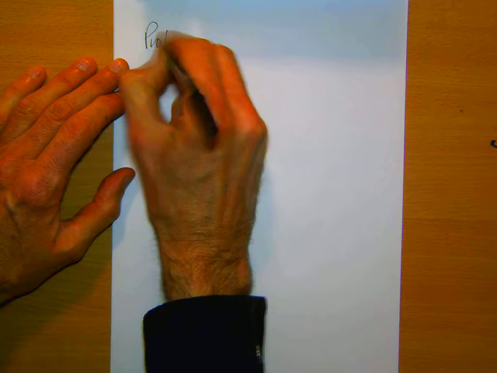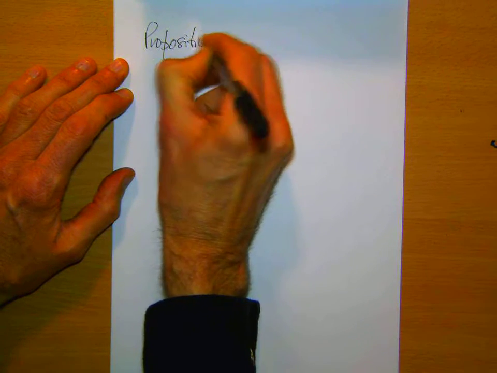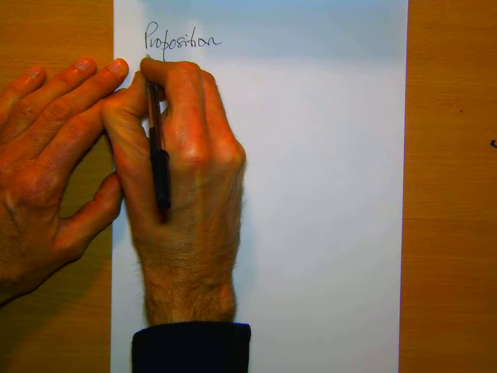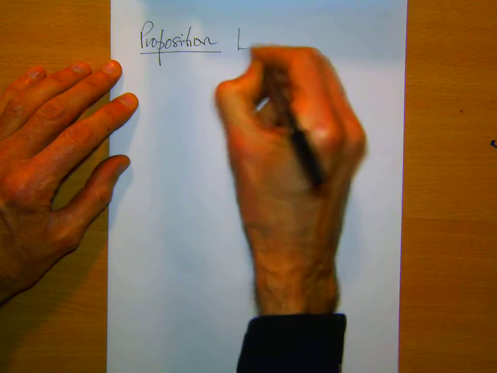Okay, so proposition, let's just prove straight away that this is a subgroup. So let G be a group.